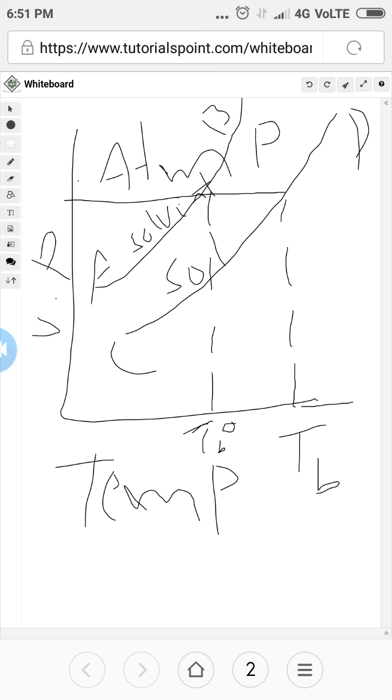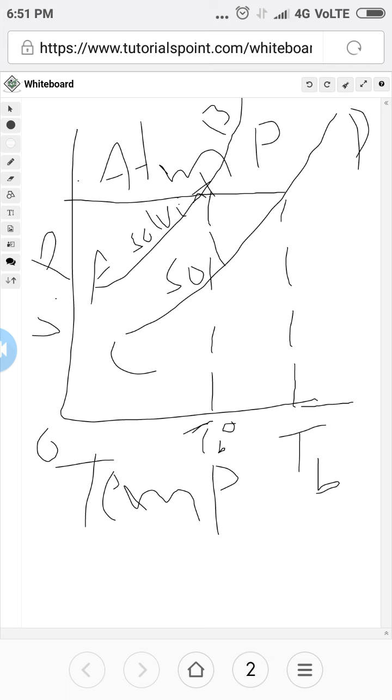Here, TB naught is the boiling point of solvent and TB is the boiling point of solution.